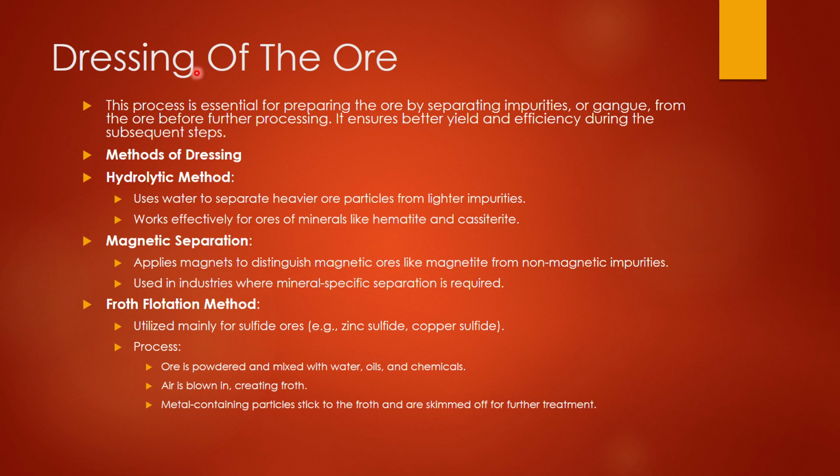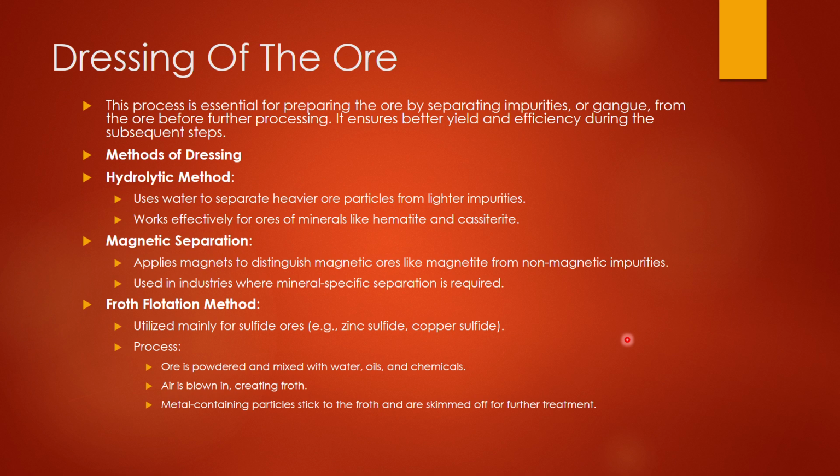As you all know, what is dressing of ore? I have informed just now. It is to reduce the concentration of impurities in the ore by separating its gangue or impure part. This process is essential for preparing the ore by separating impurities or gangue from the ore before further processing.